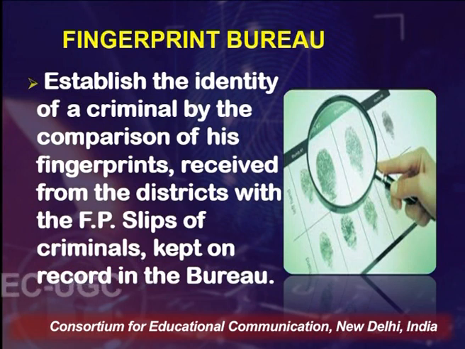So the Fingerprint Bureau has the records of previous criminals. Those records are matched with the fingerprints coming from the crime scene. So it is the duty of the officers of the Fingerprint Bureau to match the fingerprints with their records.